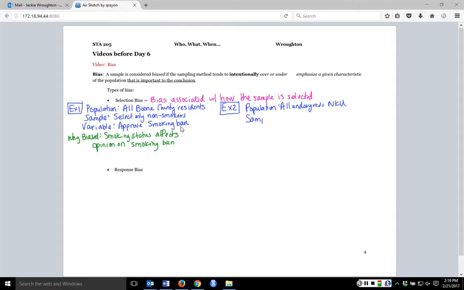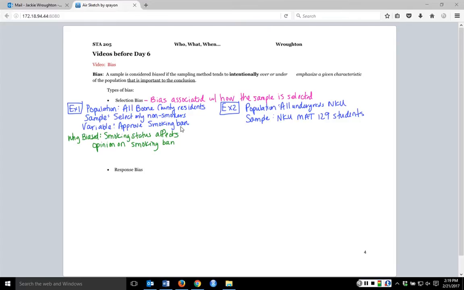The sample I have chosen are NKU Math 129 students. Of course, some of you probably never took Math 129. So Math 129 at NKU is Calculus 1. Just kind of letting you know.